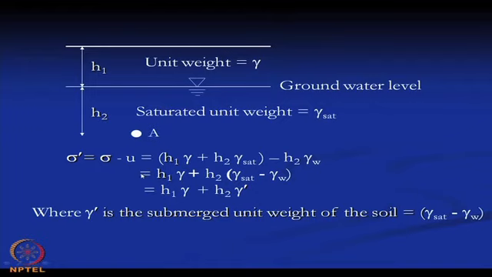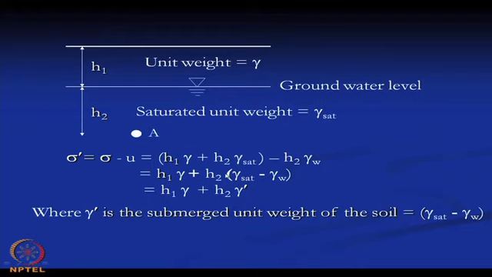Now, if we take H2 common, this will be gamma sat minus gamma W. So, the effective stress is H1 gamma plus H2 gamma dash. This gamma dash is called the submerged unit weight of the soil, equal to gamma sat minus gamma W.